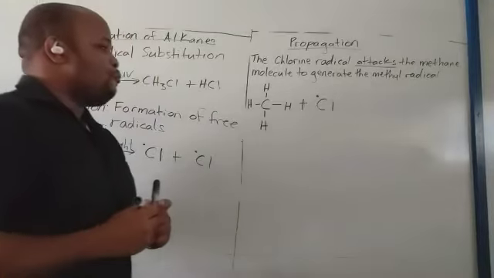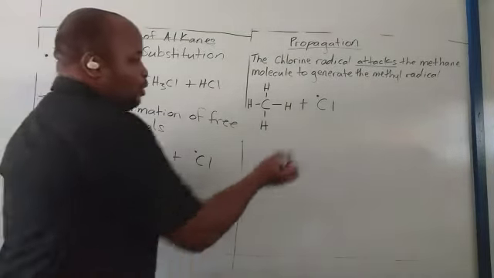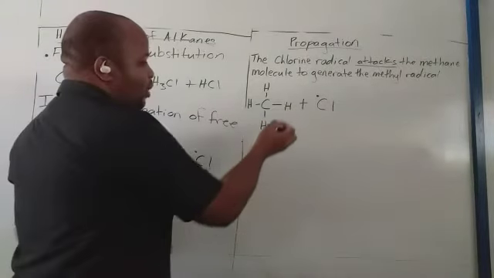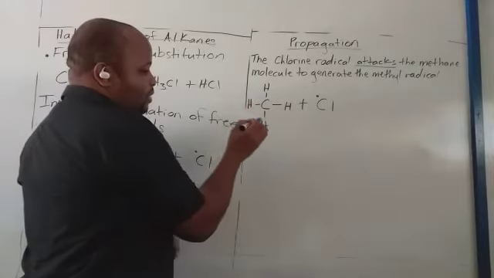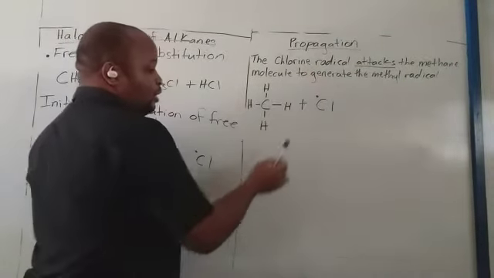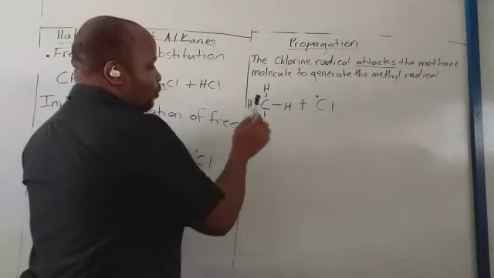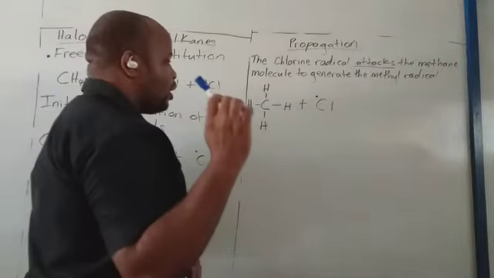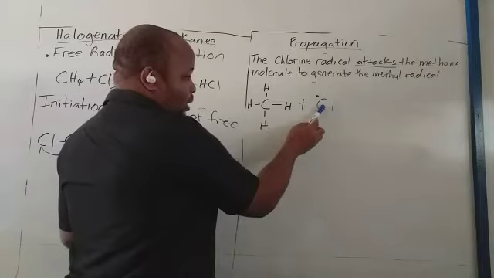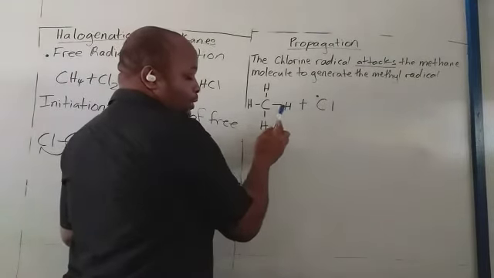When we say the radical is attacking the molecule, what it means is that your radical is going to try and form a bond with one of the atoms of the molecule. In this case, your chlorine radical is going to try and form a bond with hydrogen.